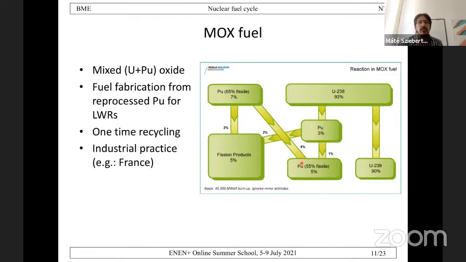So obviously, as you may expect, the ratio of fissile material finally reduces in the fuel. And in fact, the problem is that this kind of plutonium cannot be used in thermal reactors, in light water reactors again. So this spent MOX fuel is not reusable in the current practice. This is only a one-time recycle.